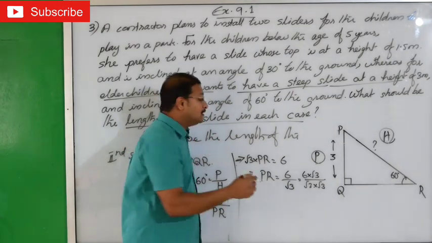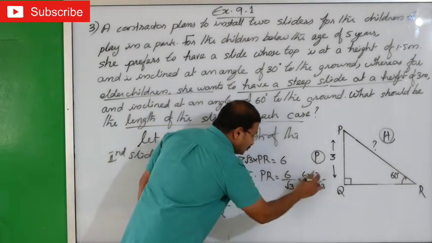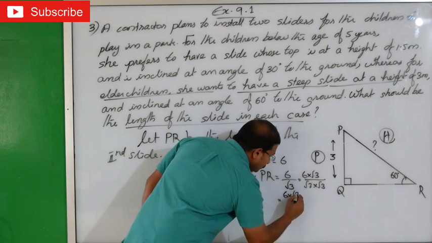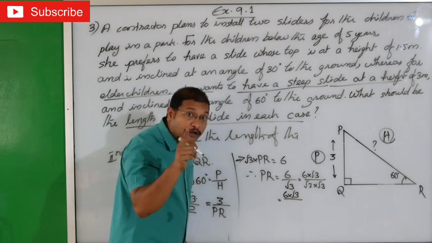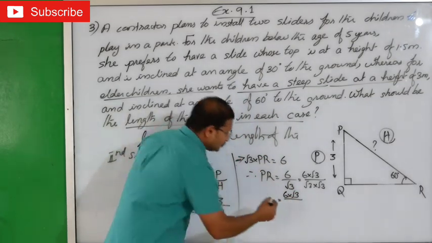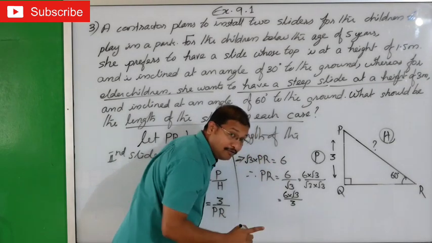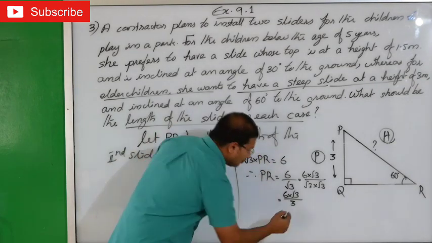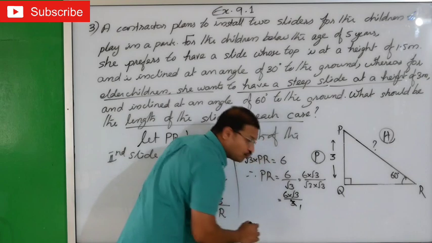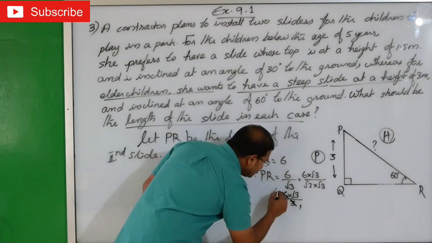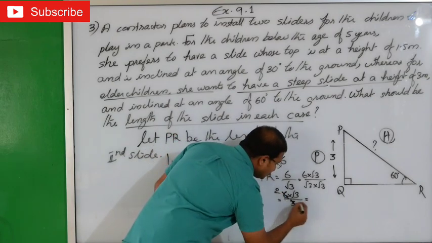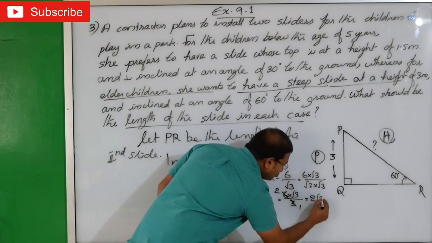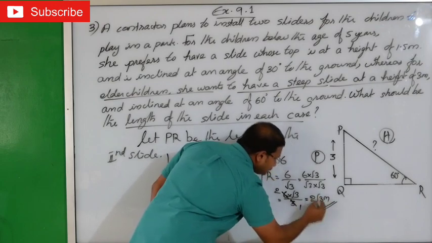Then the value will not change. Now root 3 into root 3 is 3. So now we cancel. 3 ones are 3. 3 twos are 6. Equals, what do you get? 2 root 3 meter.